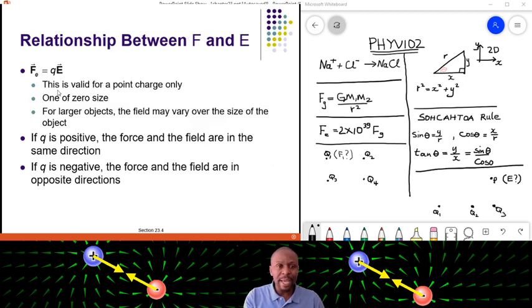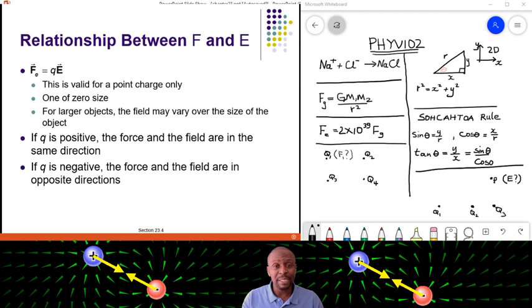Now, we can rearrange and write the relationship between the force and electric field in terms of this equation here, from the definition of the electric field. But this is only valid for a point charge. Remember the definition of the point charge: one of zero size, or very small, for example, the electron or the proton.